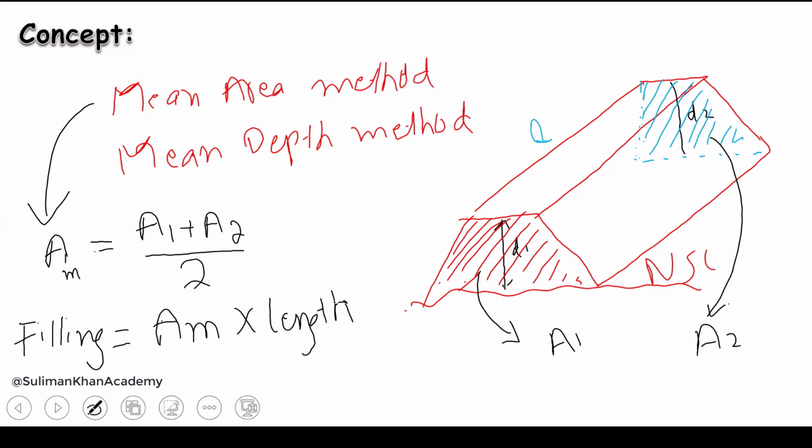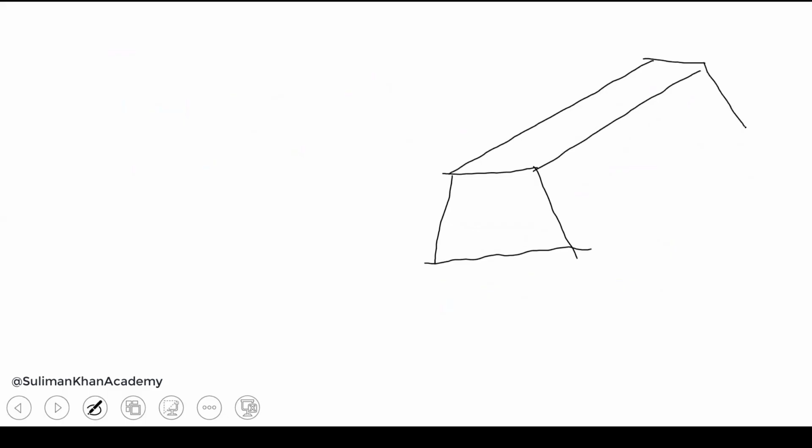Now let's discuss the mean depth method. Let's say we have the same embankment, the same way like this one. Let me draw it so I can do it better.